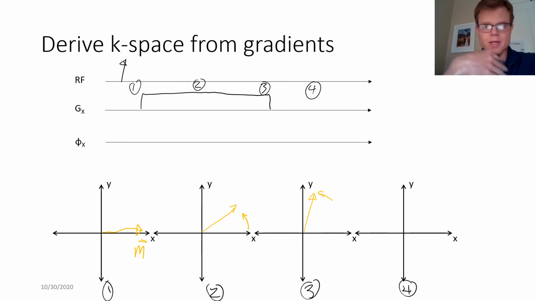Remember, during this time we've created frequency as a function of position. But one important thing to note is that as soon as we turn our magnetic field gradients off, there is no change in the phase. We've removed this variation of frequency as a function of position.